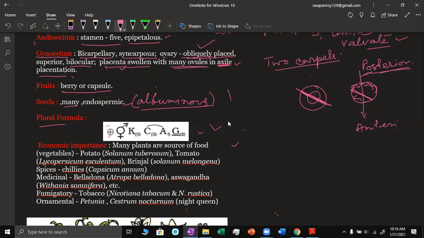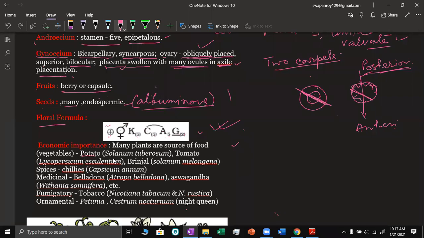superior. The Solanaceae family is very important economically, because from this family we get a lot of things. Our vegetables, a lot of vegetables like potato, brinjal, tomato. These three at least are very important vegetables.